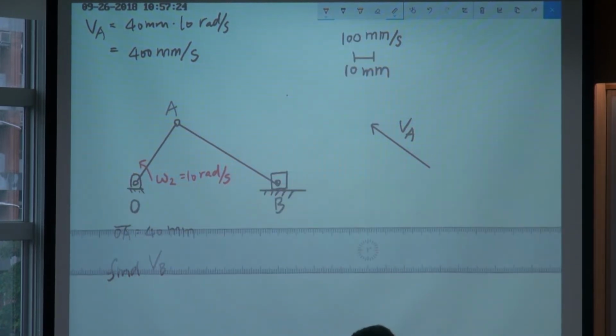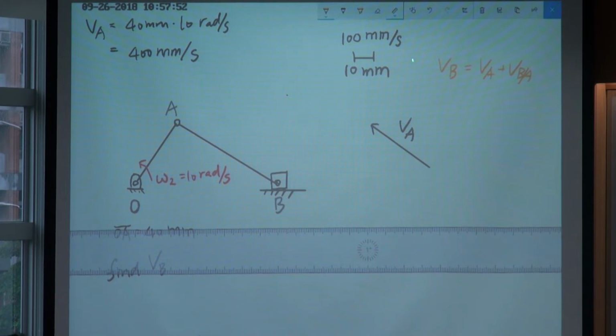In order to find VB, we know VB can be represented as VA plus VBA. I already have VA, so if I can find VBA and the direction of VB, then I can find the point B.